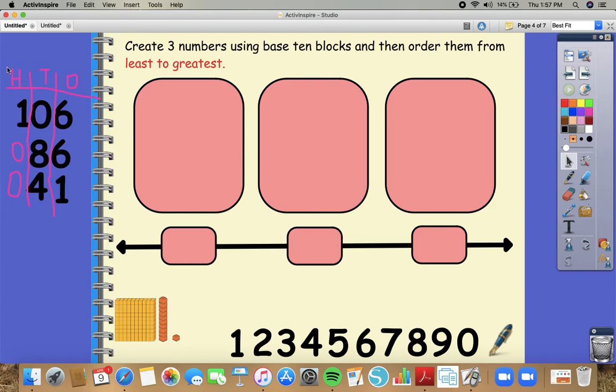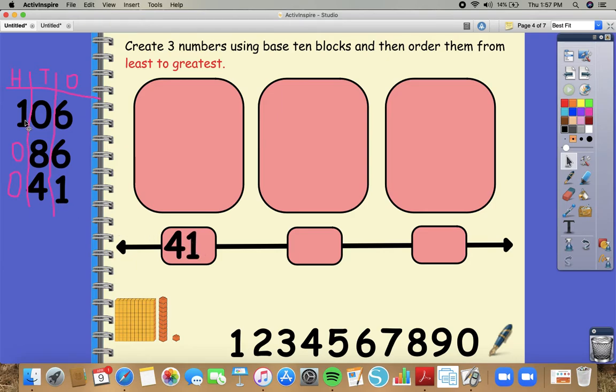All right, so when we look at them, we're looking from least to greatest, so we're looking for our smaller numbers. So we have 1, 0, and 0. Who would be the least number? The zeros. Good. So who would be the next one? We move to our tens place. We have an 8 and a 4. All right, so 41 would be our lowest number, the least number.